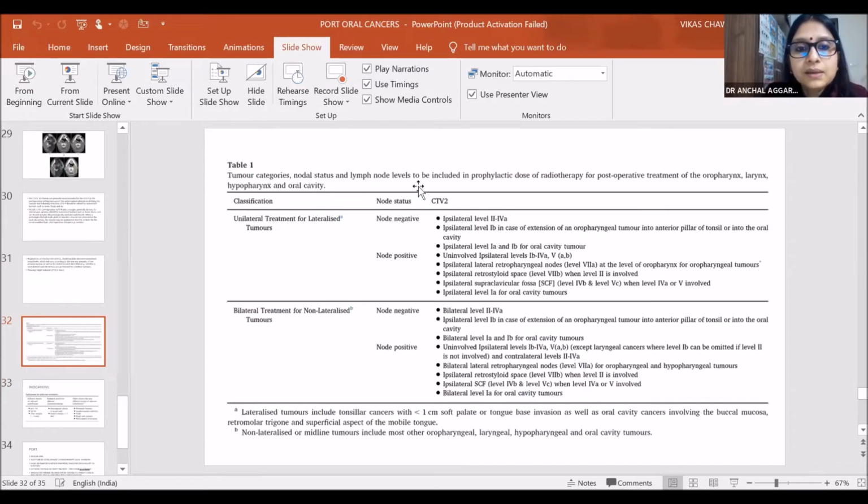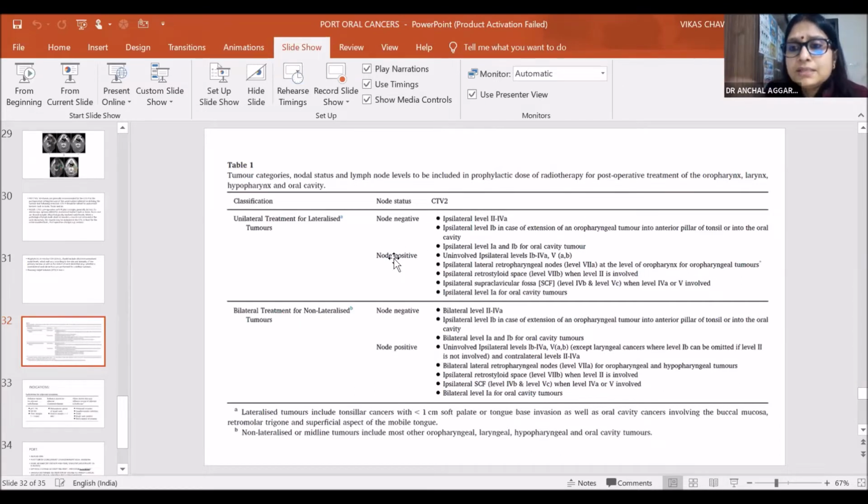So these are the guidelines which we also follow. Like if there is a unilateral treatment for lateralized tumor, and if it is pN0, then electively we take ipsilateral level 2 to 4A, ipsilateral level 1B if there is an extension of an oropharyngeal tumor into the anterior pillar or oral cavity, or ipsilateral 1A and 1B for the oral cavity tumors.